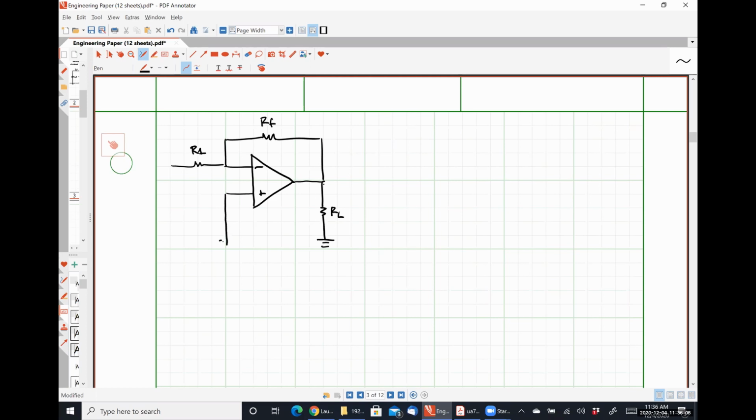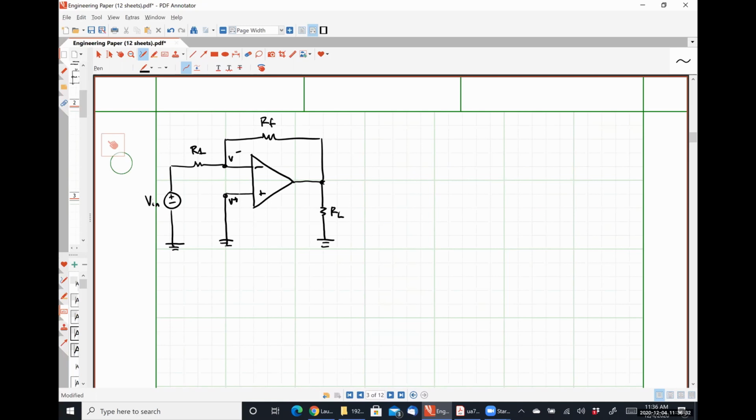We're going to ground this terminal, and we're going to apply an input voltage at this guy. And so this is the voltage V minus, sorry, the voltage present at the inverting input terminal.